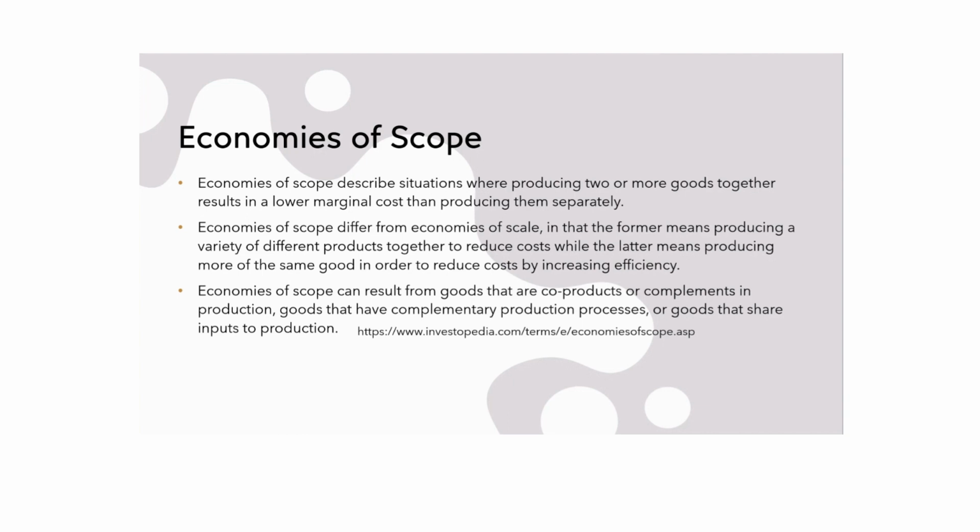Okay. Economies of scope means producing a variety of different products together to reduce costs, while the latter, economies of scale, means producing more of the same good. So, in economies of scale, we focus only on one product in terms of unit cost, one product lang. But in economies of scope, we're talking about producing not only one, but two or more products using the same facility.